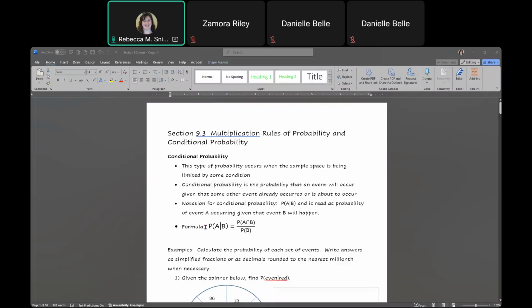Okay, are you able to see the Word document? Yes. Okay, good. All right.